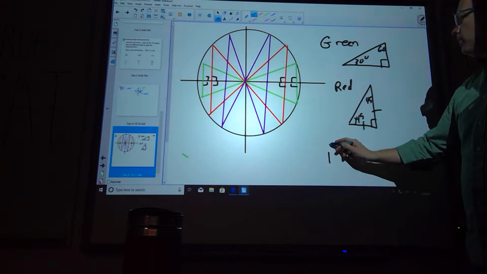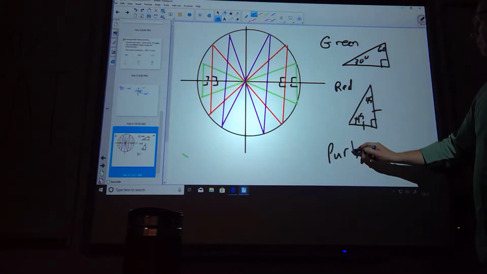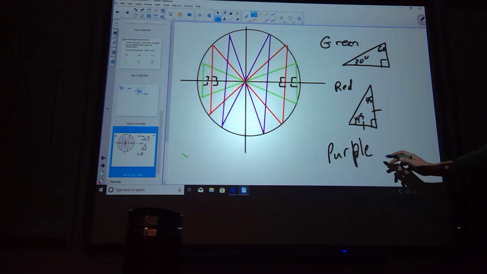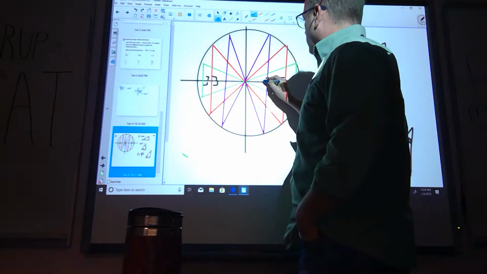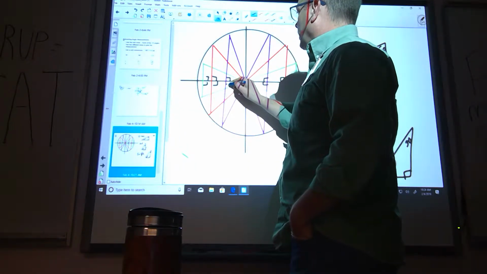And then the purple is the 30, 60, 90 where you're using the 60 degree as the angle. And again, these are all right triangles.